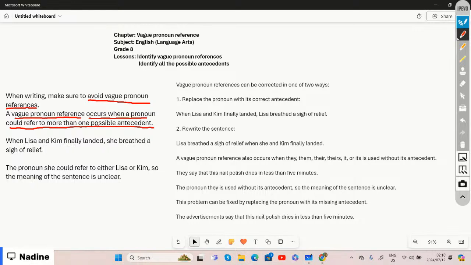And remember, a pronoun takes the place of a noun. Our pronouns are words like him, her, she, they, their, its or it, them.